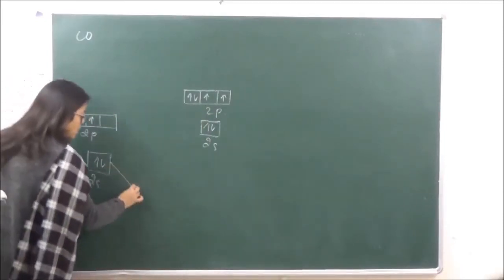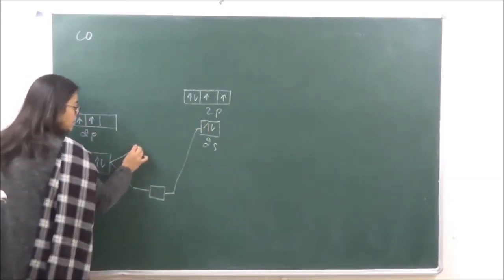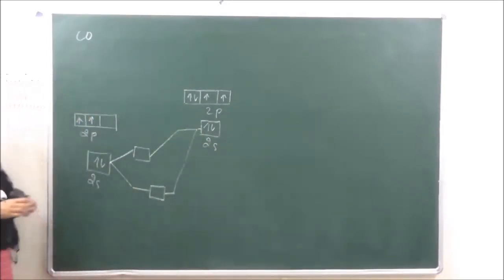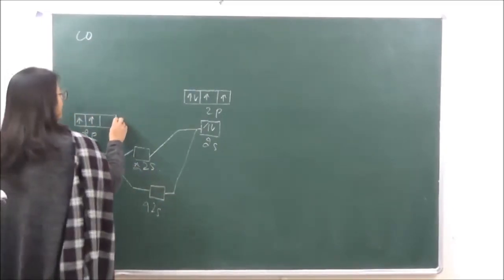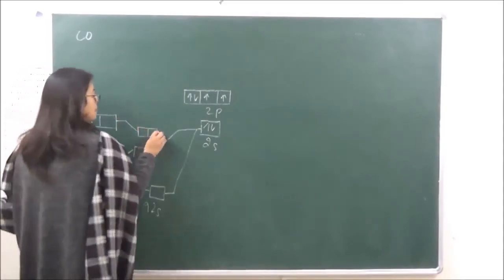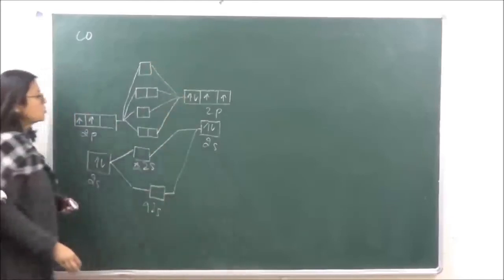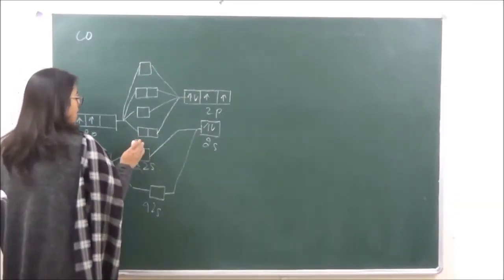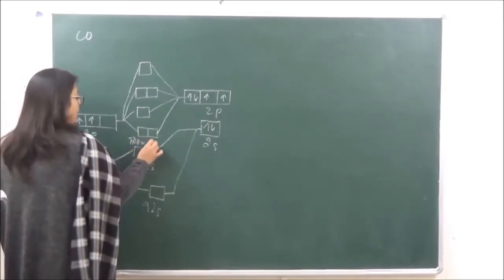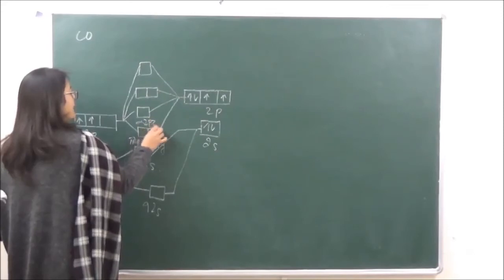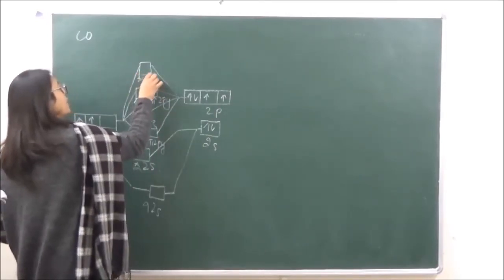So when we are drawing the orbital picture over here, it is going to have sigma 2s, sigma anti-bonding 2s, okay? Then after that we have pi 2px, pi 2py and sigma 2pz, pi anti-bonding 2px, pi anti-bonding 2py and sigma anti-bonding 2pz.